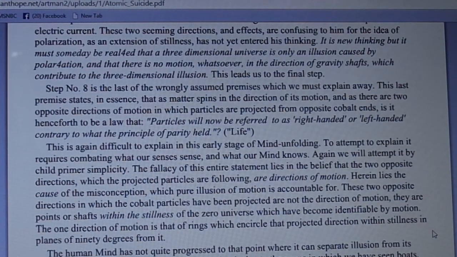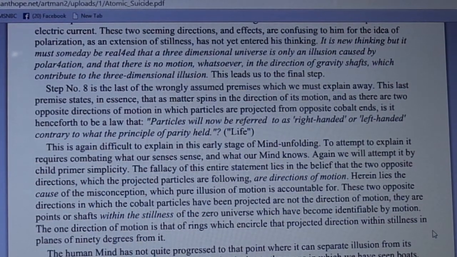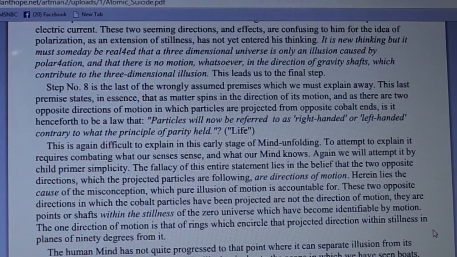These two opposite directions in which the cobalt particles have been projected are not the direction of motion. They are points or shafts within the stillness of the zero universe, which have become identifiable by motion. The one direction of motion is that of rings which encircle that projected direction within stillness in planes of 90 degrees from it.